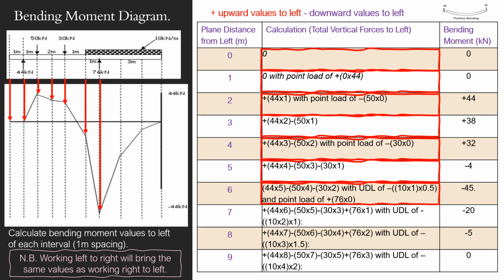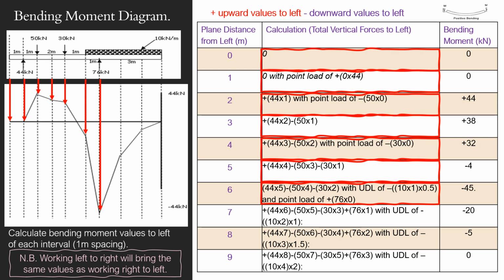Now, when it comes to the uniformly distributed load, what you have to do, I think you can see it in here in this point, at every metre. So if you imagine there's 1 metre, at this point here that we're talking about, before that there was nothing. Over the course of that metre, it's had 10 kilonewtons applied to it.